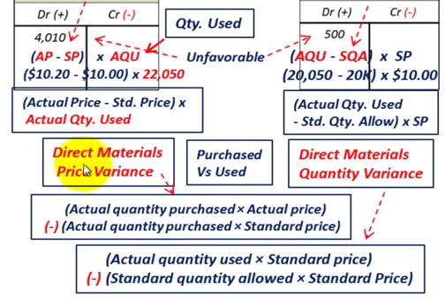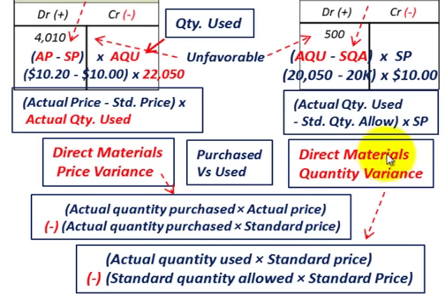But the direct materials pricing variance, by definition, is the actual quantity purchased times the actual price, and then you subtract from that the actual quantity purchased again times the standard price. So again, for a direct materials pricing variance, we're just comparing the difference between our actual price here and our standard price times the actual quantity purchased.